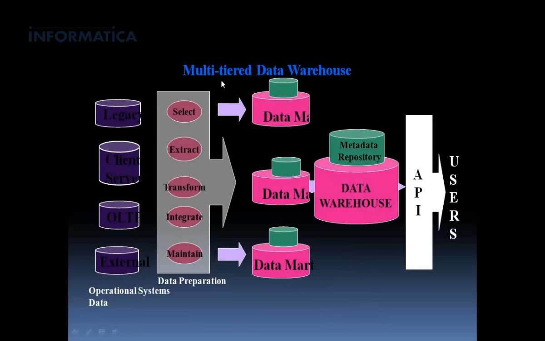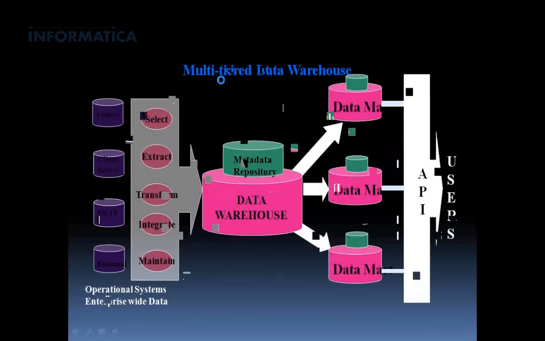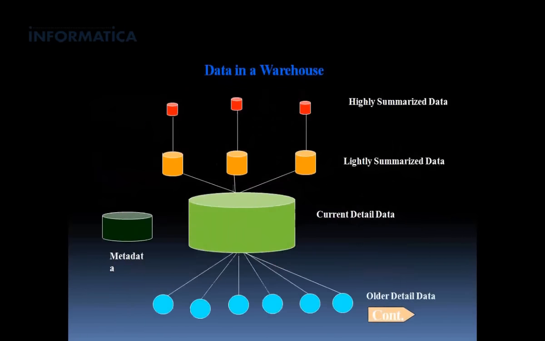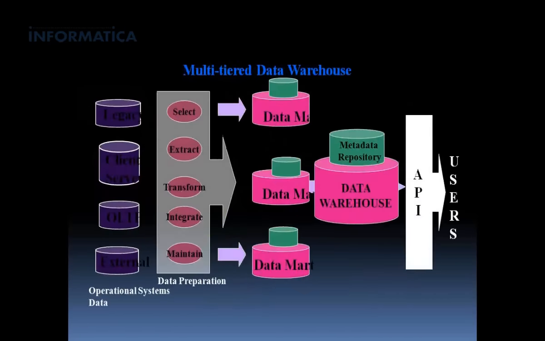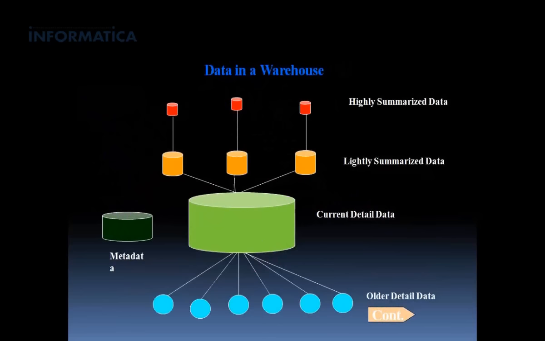For every data warehouse architecture, we will have the data staging area, and the optional ODS area will be present. These are the different kinds of architecture that you have, and you have the data at different levels.